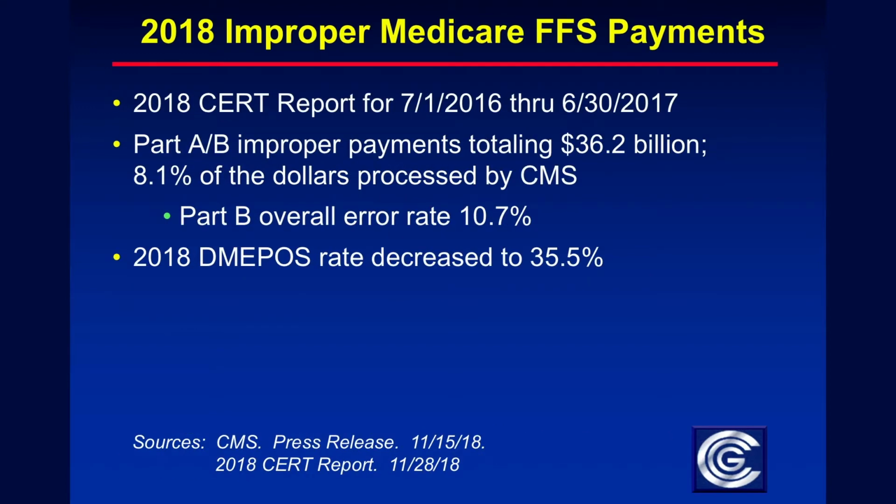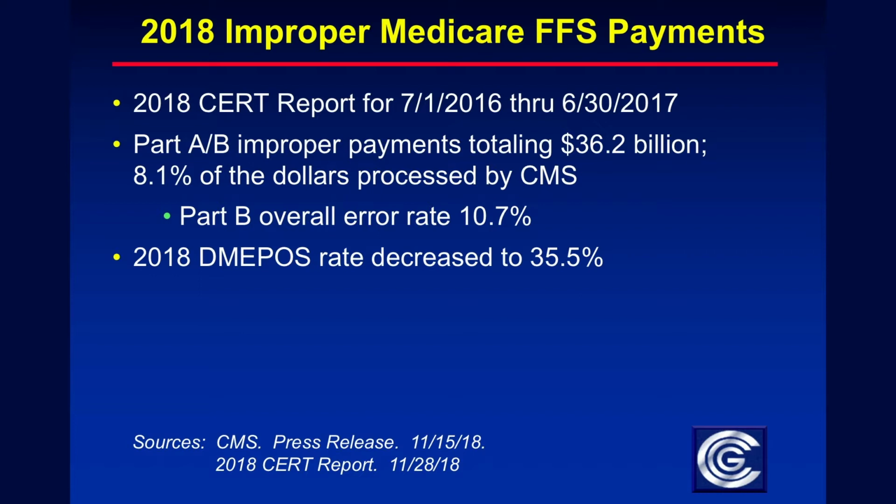The result of the most recent CMS comprehensive error rate test for the time period between July 1st, 2016 and June 30th, 2017 show an improvement in the accuracy of claims.